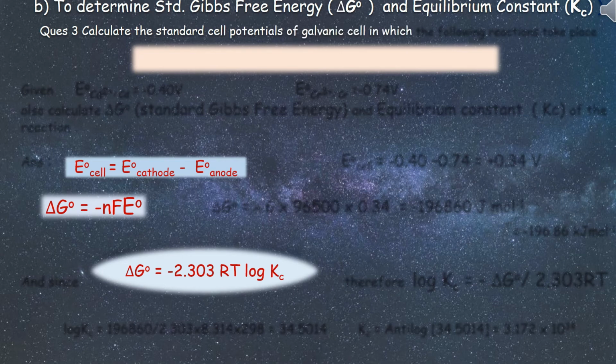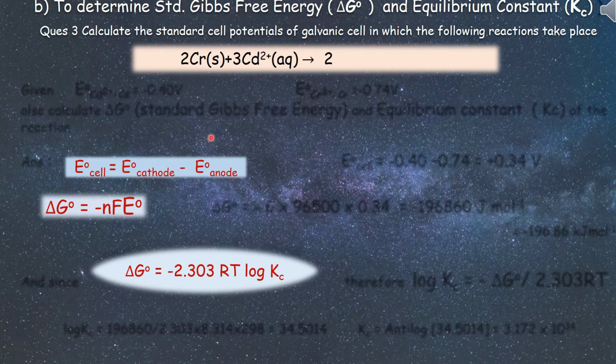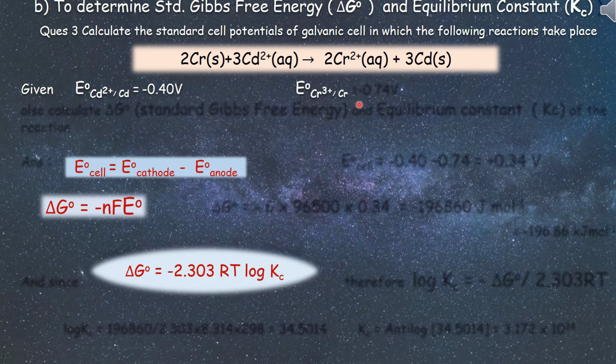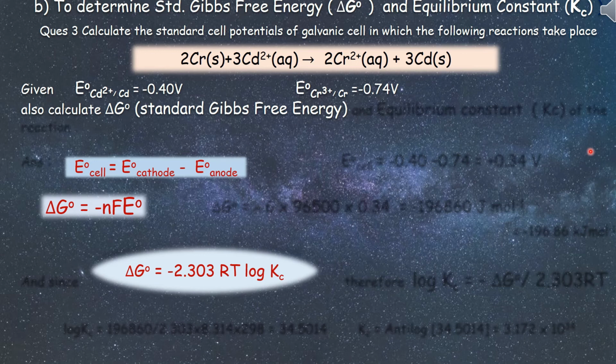The second application is to determine the standard Gibbs free energy and the equilibrium constant. So the question is, calculate the standard cell potential of a galvanic cell in which the following reaction takes place.